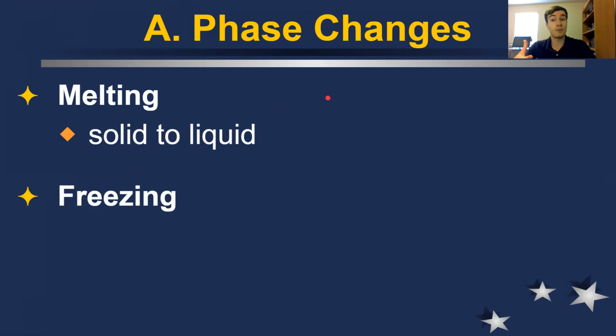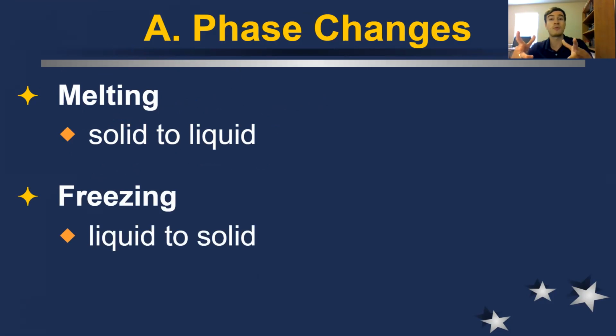If you go the other way, you have what's called freezing. So you take something liquid, cool it down, those particles lose some of their movement, come together and clump up and make a solid. So solid to liquid is melting, liquid to solid is freezing.